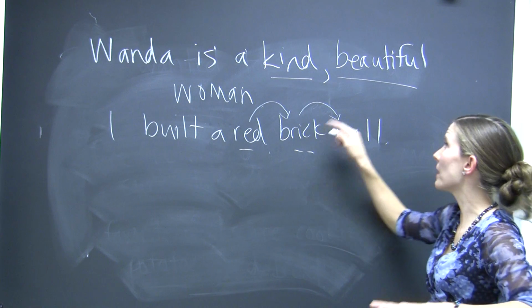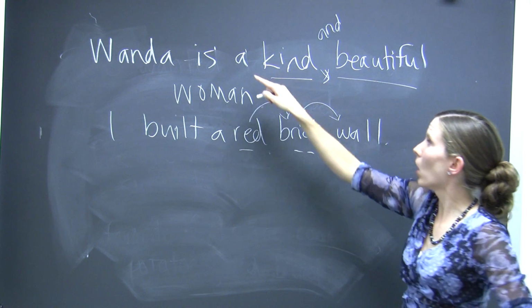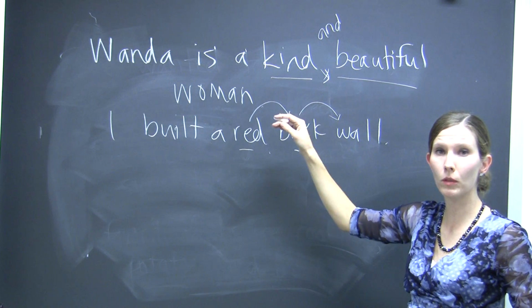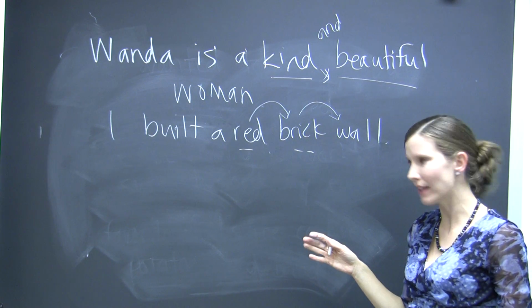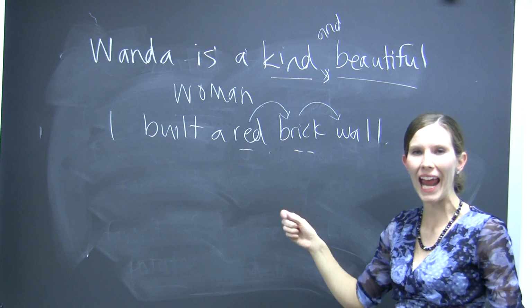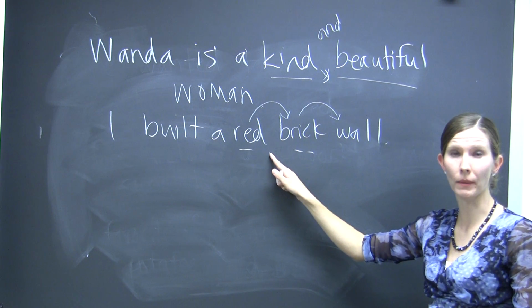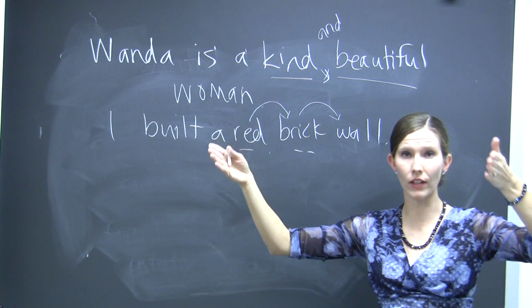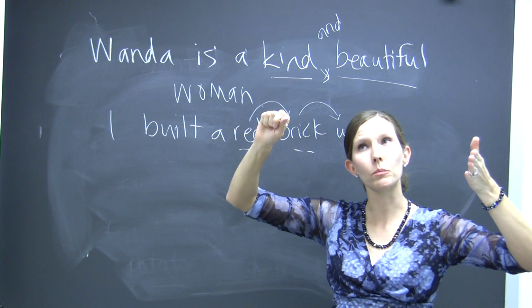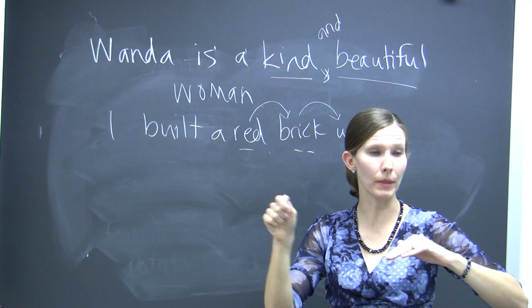So the rule of thumb is if you could take away that comma and put an and, Wanda is a kind and beautiful woman, then there needs to be a comma there. If the and wouldn't make sense, like I built a red and brick wall, that doesn't make sense, so you would not put a comma there. So with coordinate adjectives, if you have two or more adjectives in front of a noun, and you could put the word and in between those adjectives, then you need to put a comma.